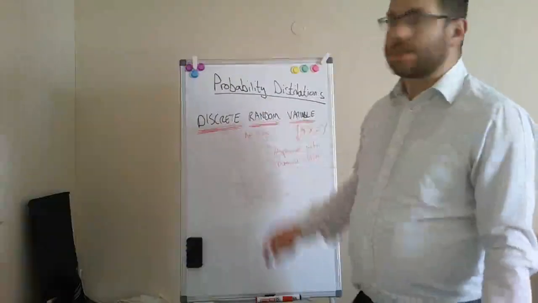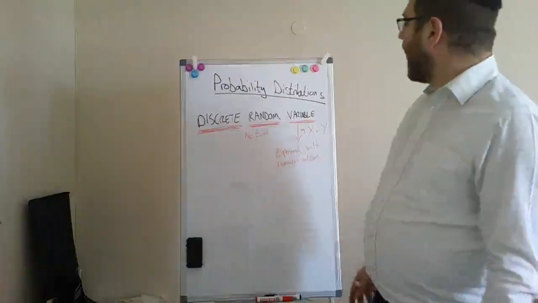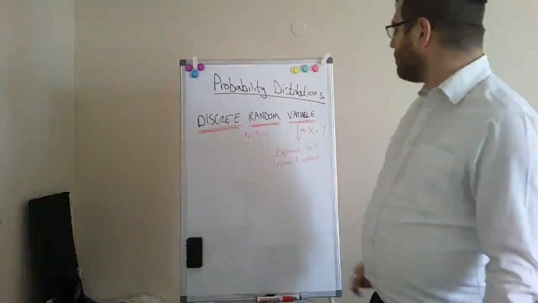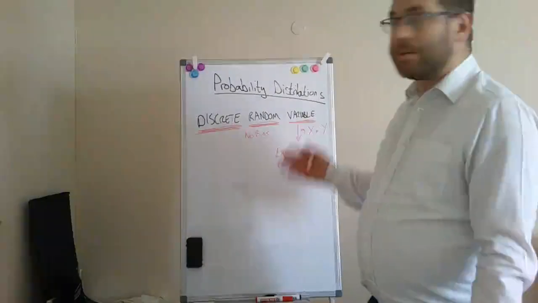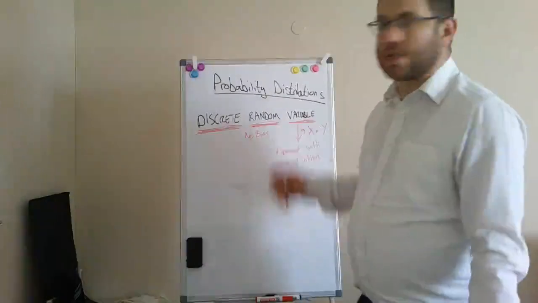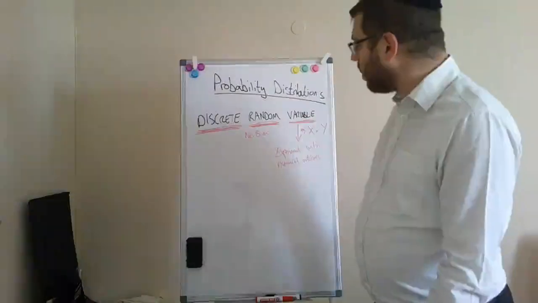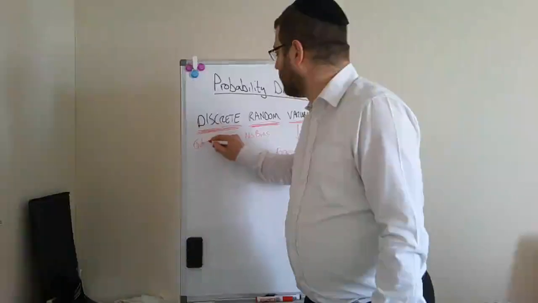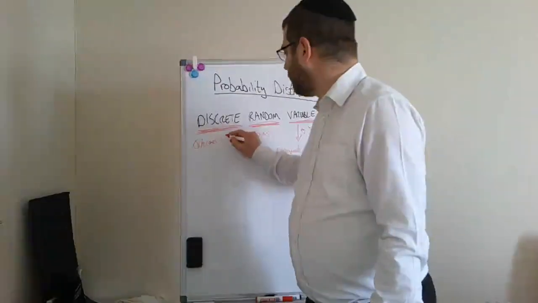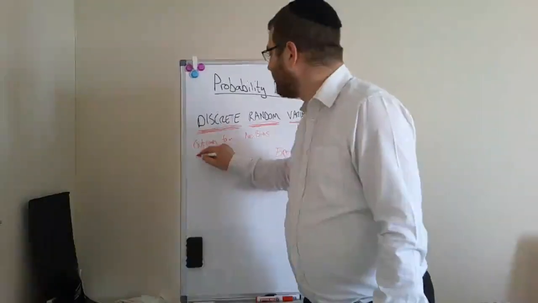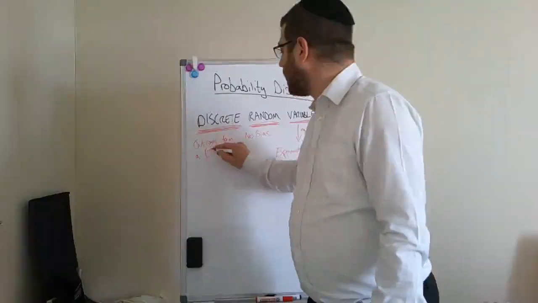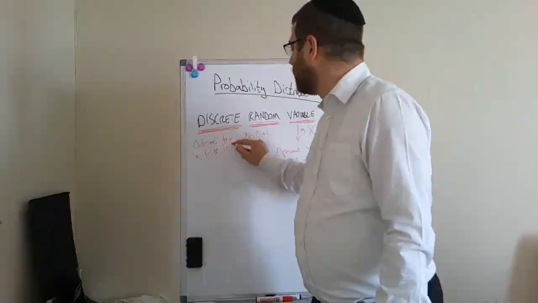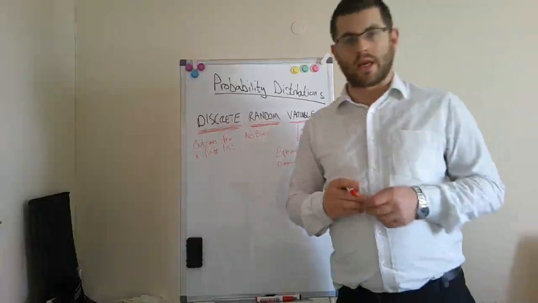So a discrete random variable is an experiment that gives numerical outcomes, with no bias on any of those particular outcomes, but the outcomes form a finite list. I could write down all the outcomes: 1, 2, 3, 4, 5, 6.